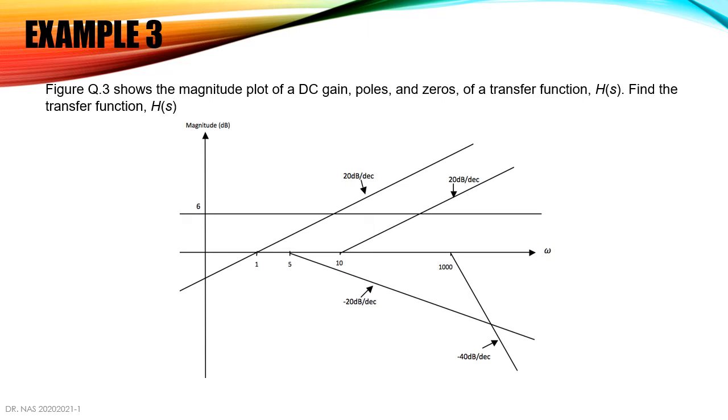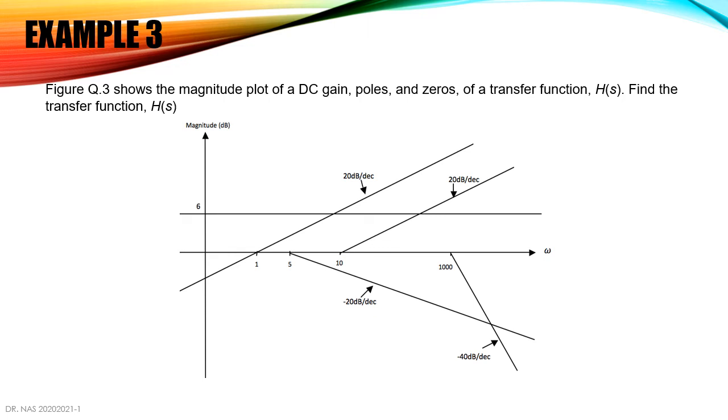Okay, example 3. Figure Q3 shows the magnitude plot of the poles and zeros of a transfer function H(s). Find the transfer function H(s). In order to do this, you need to deduce the equation for each of the individual components.